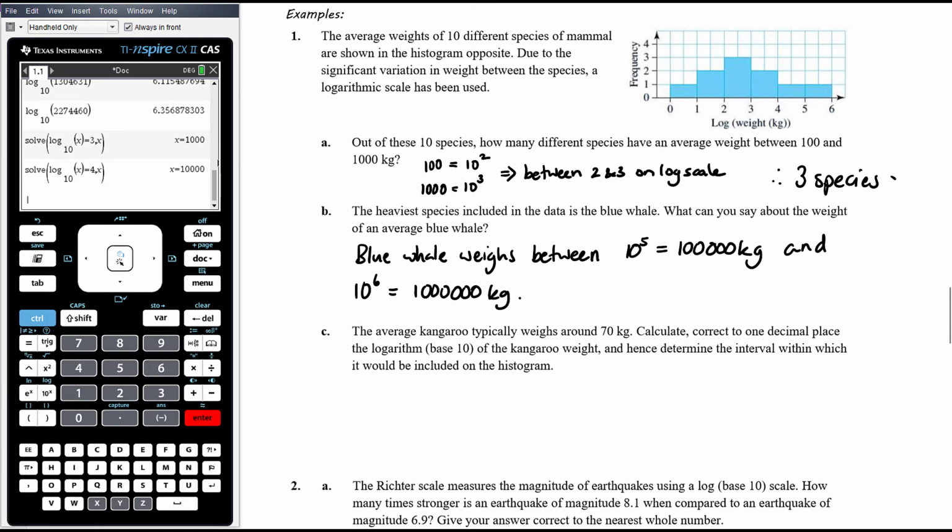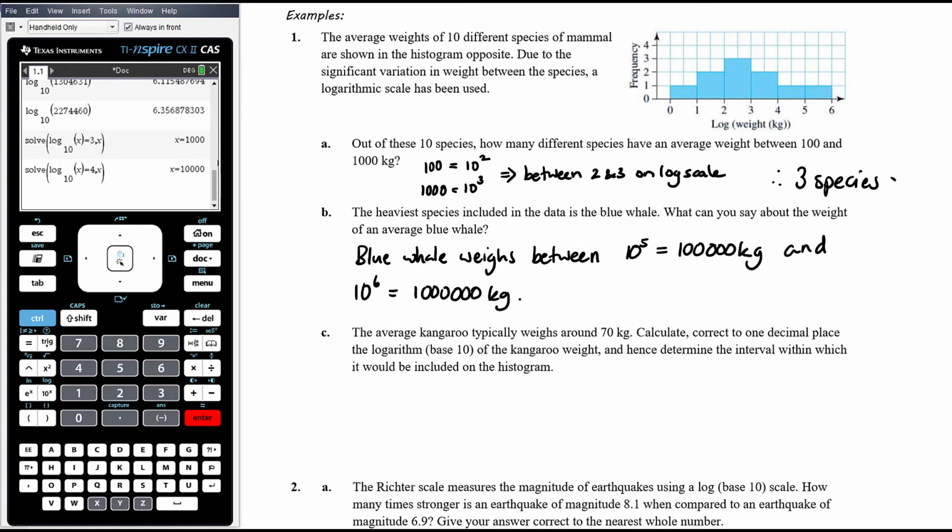Okay, C. The average kangaroo typically weighs around 70 kilograms. Calculate, correct to 1 decimal place, the logarithm, base 10, of the kangaroo weight, and hence determine the interval in which it would be included on the histogram. Okay, so this question actually asks us to calculate the specific value, but we could answer the second part. If it just asked to determine the interval within which the weight would be included on the histogram, we wouldn't actually need to calculate log base 10 of 70 kilograms.